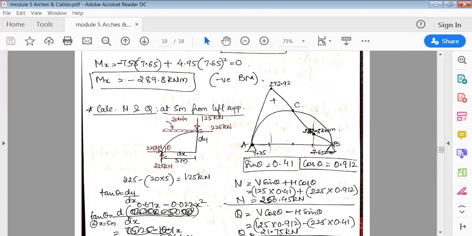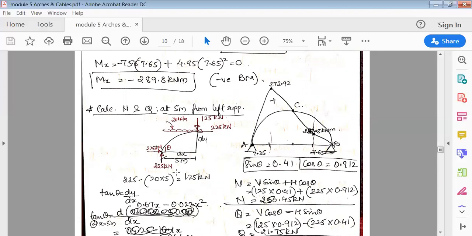Now to balance these, there should be an equal and opposite reaction at this portion. This is horizontal force 225, right side. To stop this, there is an equal and opposite force 225 acting to the left side. This is balanced. But there is an additional UDL load which is trying to push this part of the arch downward.